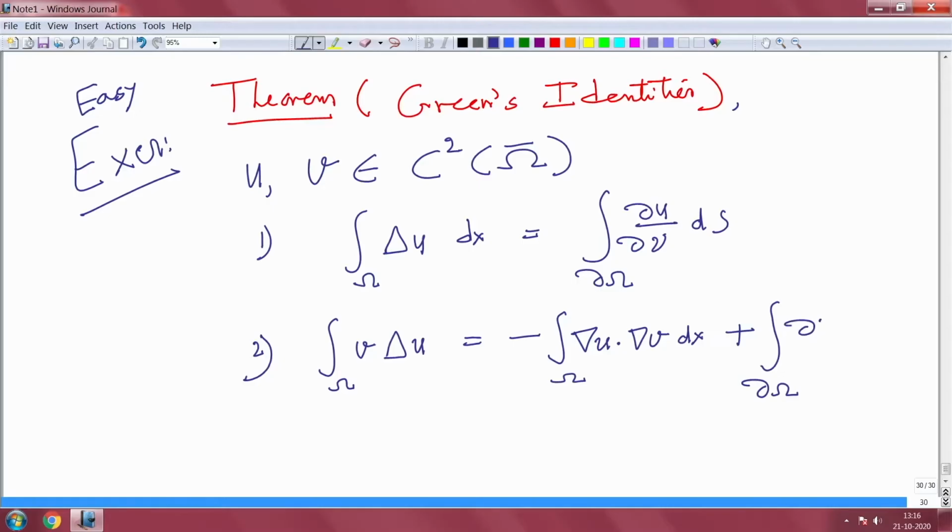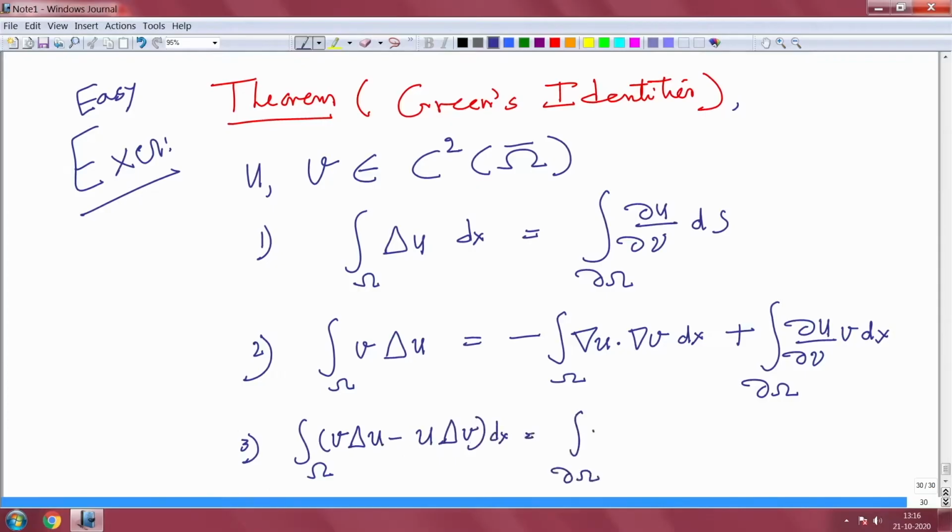And three: the integral over Omega of v Laplacian of u minus u Laplacian of v dx is the integral over the boundary of v du by d nu minus u dv by d nu ds.